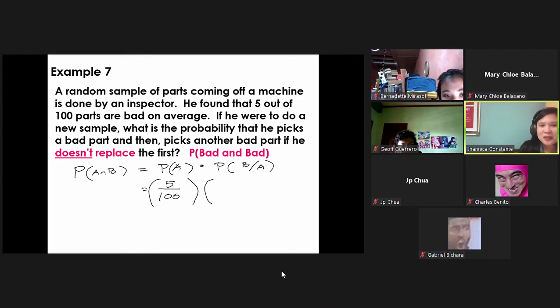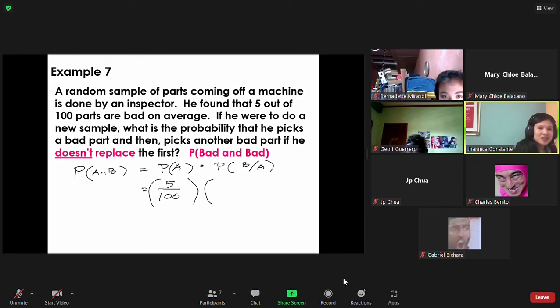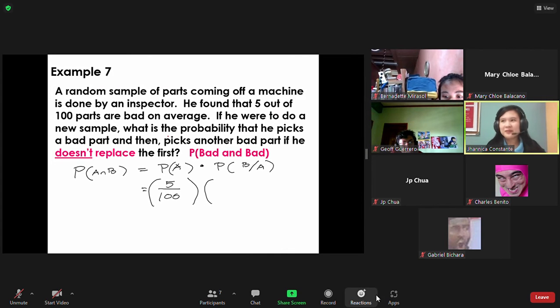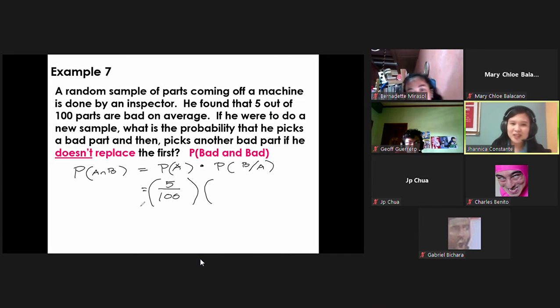Ano na ang probability ni second event, that you will get another bad or defective part of the machine? Ano na ang second probability natin?